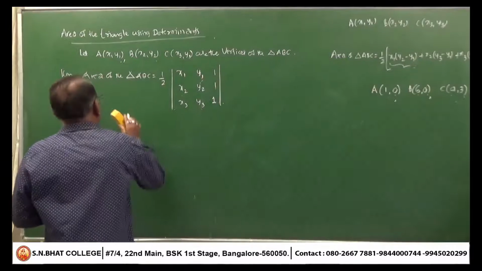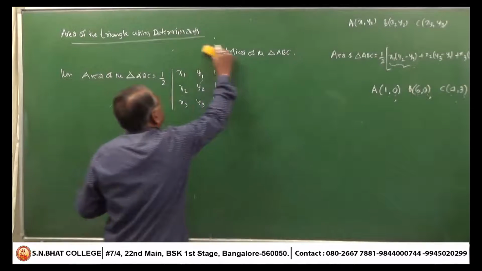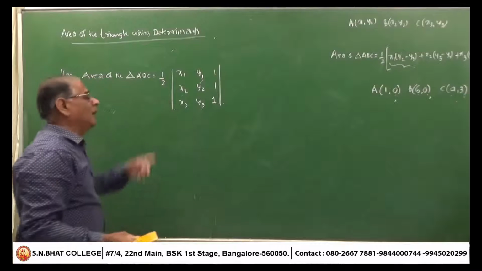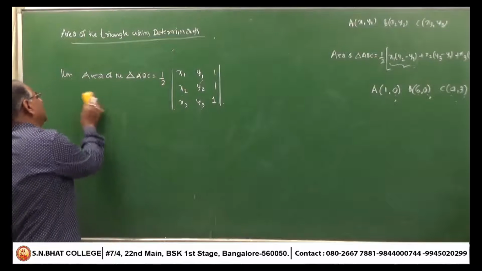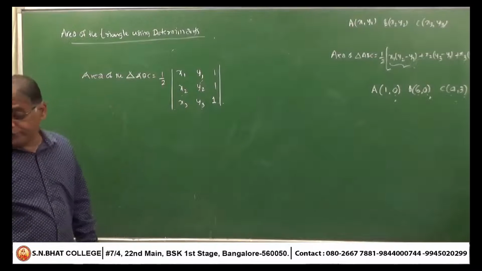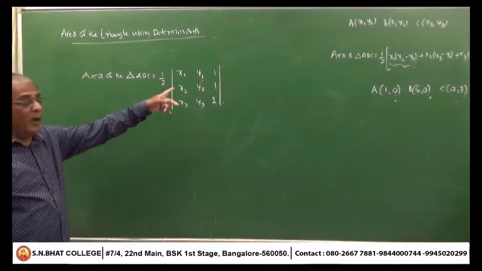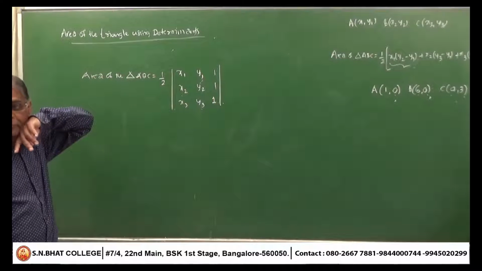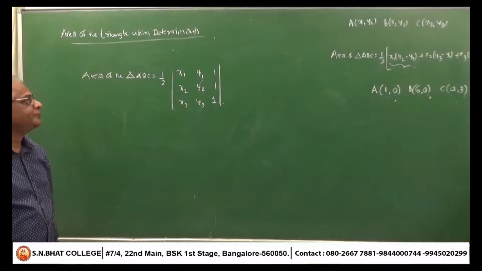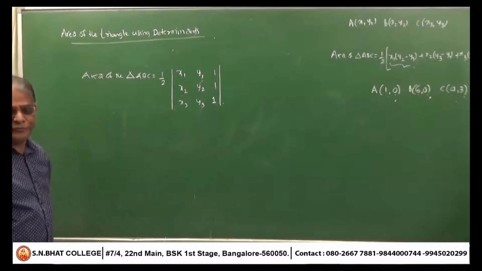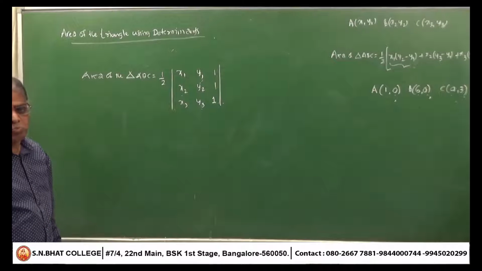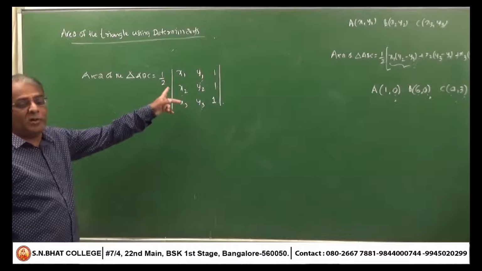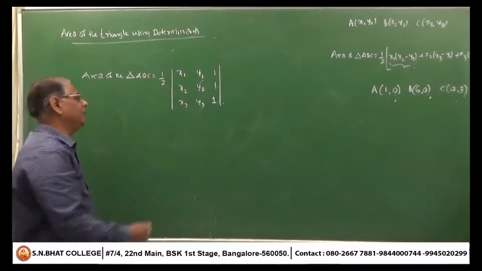Write the formula. Area of the triangle ABC is half into the determinant of x1, y1, x2, y2, x3, y3. Writing the formula 1 mark, getting the answer 1 mark. 2 marks question. Write the formula first. This is the formula to find the area using determinant.